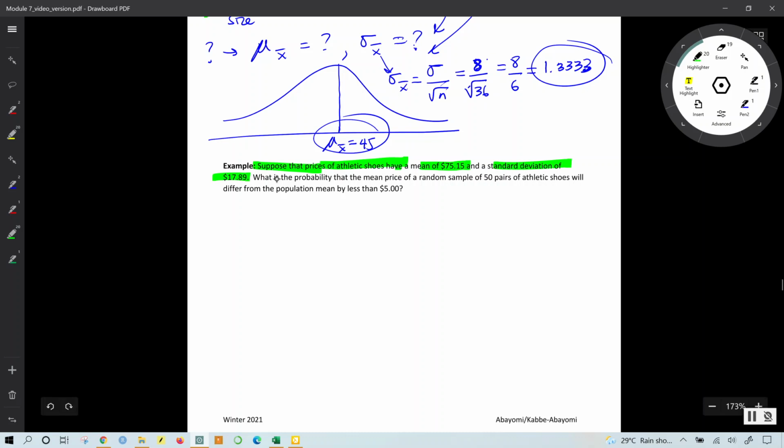Now, we want to answer the question, what is the probability that the mean price of a random sample of 50 pairs of athletic shoes will differ from the population mean by less than $5? So based on the details given in the question, first, the parent population mean we're given is 75.15, and the standard deviation is 17.89.